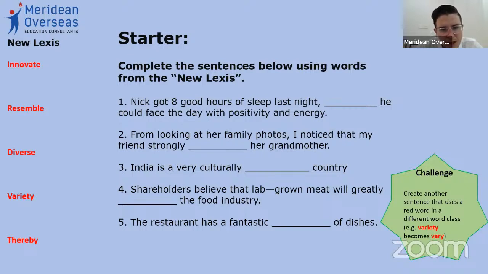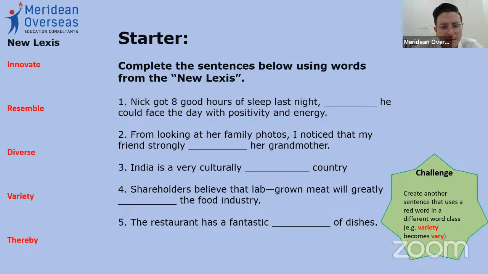Number 3, India is a very culturally blank country. Number 4, shareholders believe that lab-grown meat will greatly blank the food industry. And number 5, the restaurant has a fantastic blank of dishes.